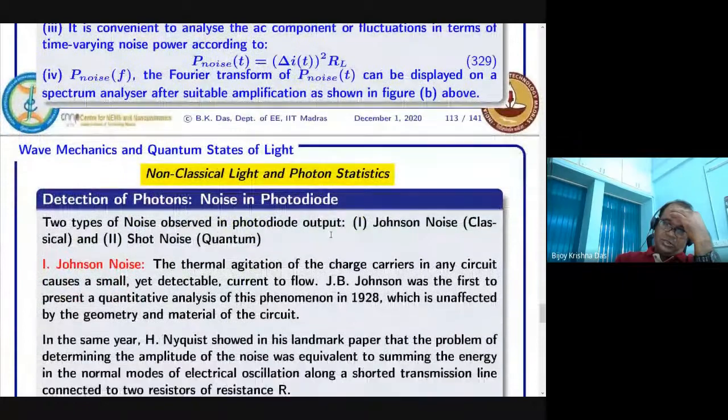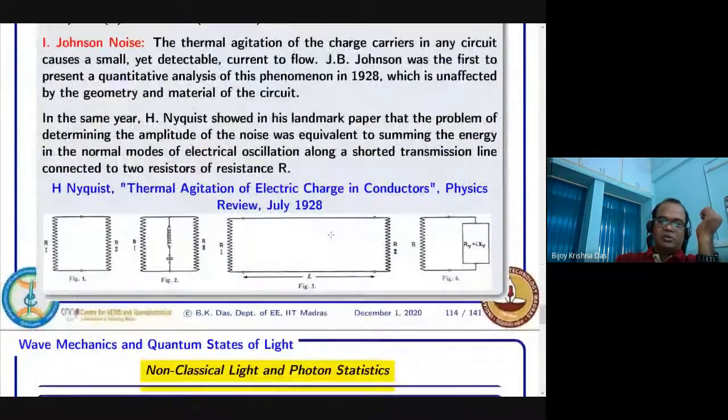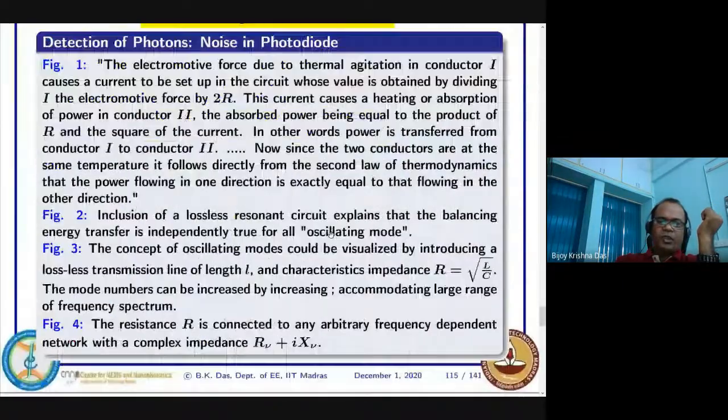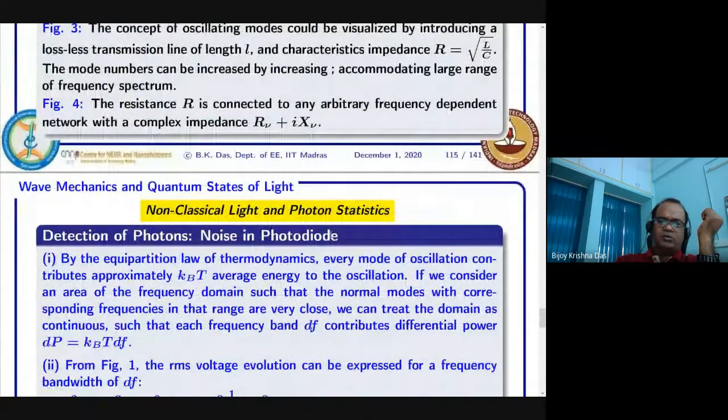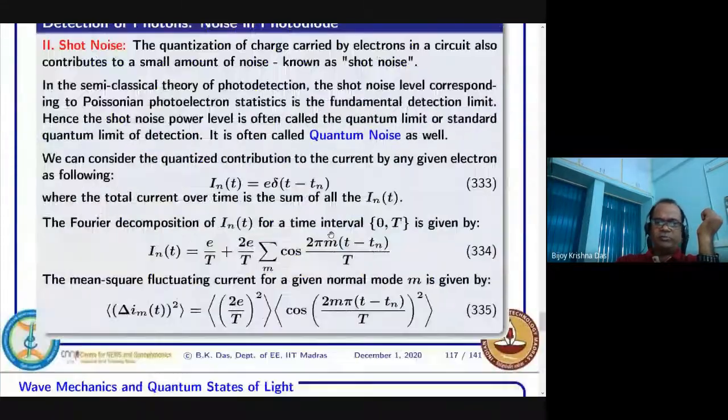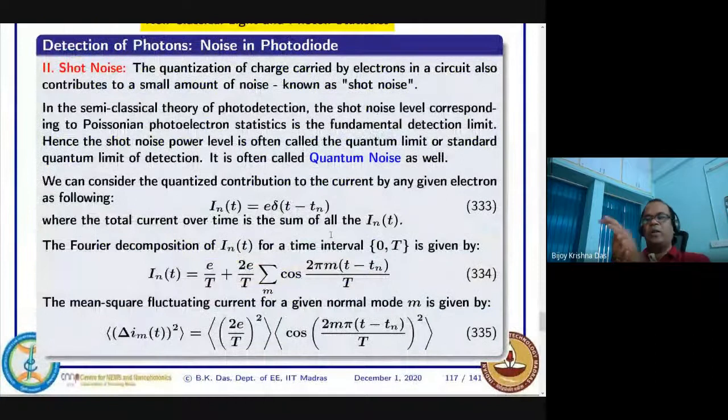Now this Johnson noise we explained, and we come to the so-called shot noise, for example. So what is that actually, shot noise? This is the quantization of charge carried by electrons.